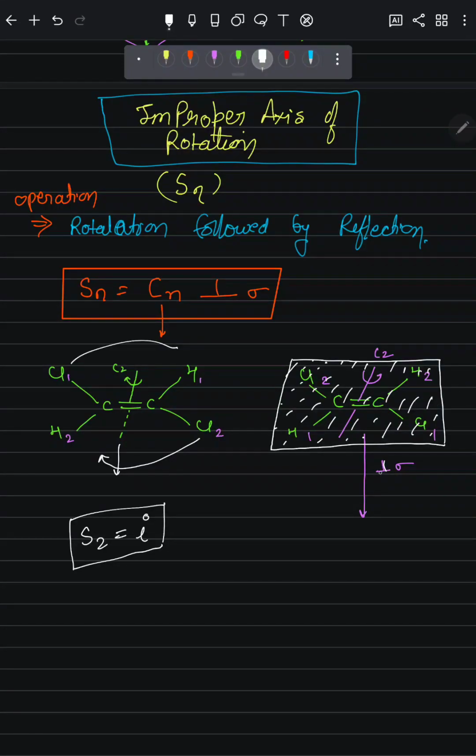If we put a plane perpendicular to the C2 axis, then an identical structure is seen. The structure made after that is identical to this, and it is similar to inversion. So if inversion is present in a molecule, then S2 is also present. Make a note of this observation from this example.